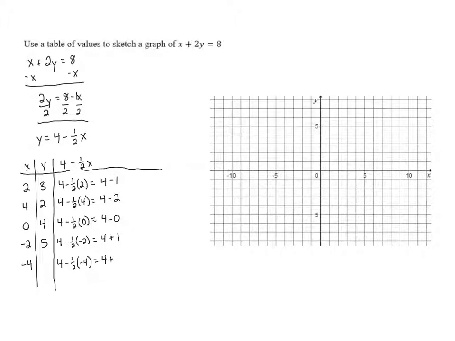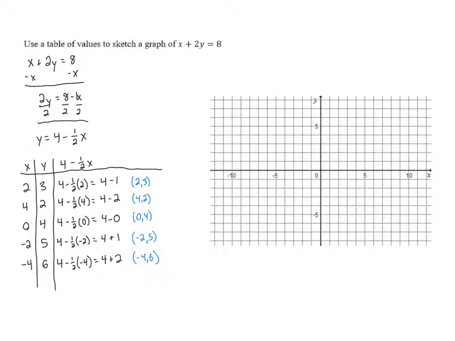It'll become a plus. And 1/2 times 4 is 2. 4 plus 2 is 6. So we've got our points. We have (2, 3), (4, 2), (0, 4), (-2, 5), (-4, 6).